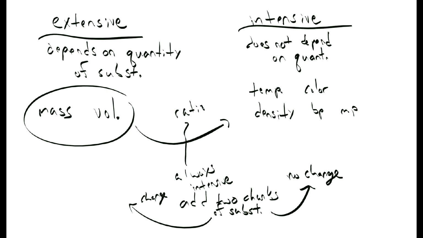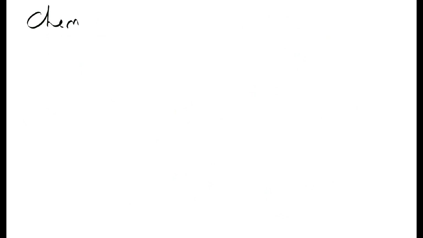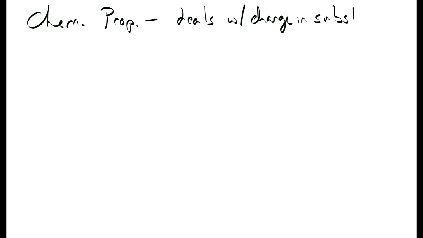Next up, we have our chemical properties. A chemical property deals with change in substance. Okay, or I should say change from one substance to another substance.